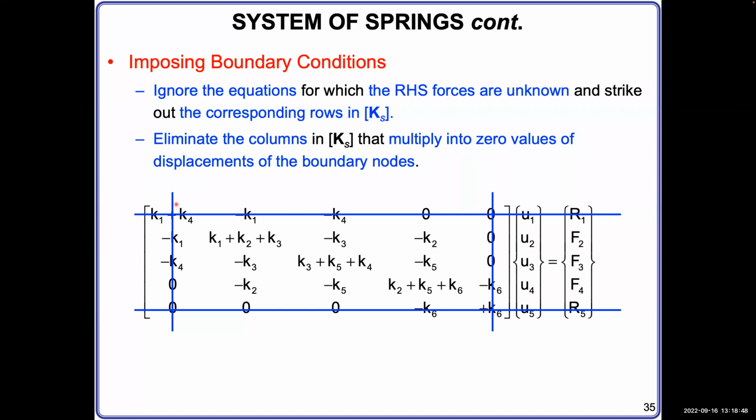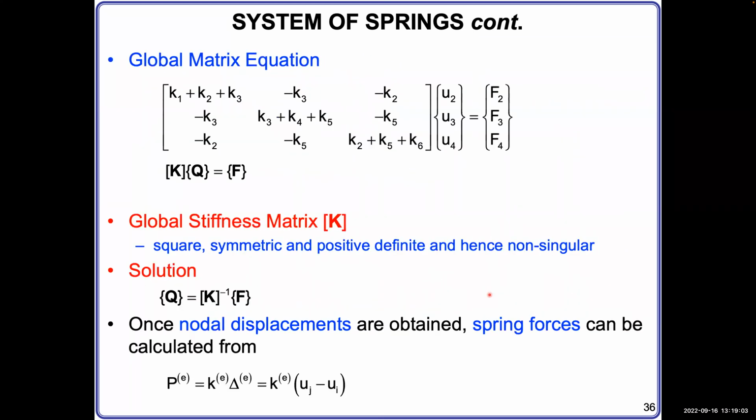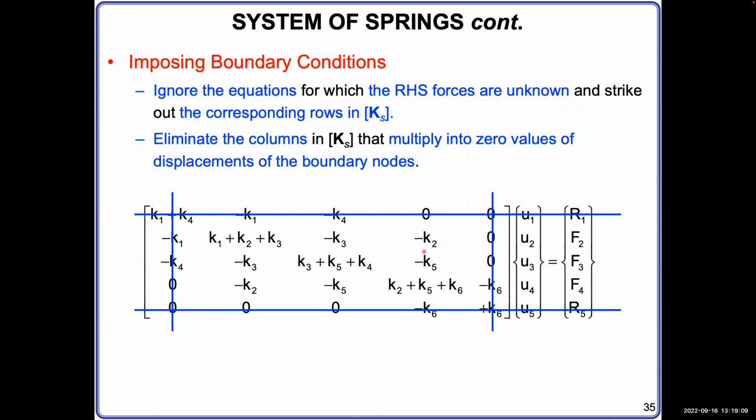This column would multiply with U1, but U1 is struck out, so you also strike out these two columns. Then we end up with a 3×3 global matrix. The previous 5×5 is the structure matrix, and the 2×2 is the element matrix.